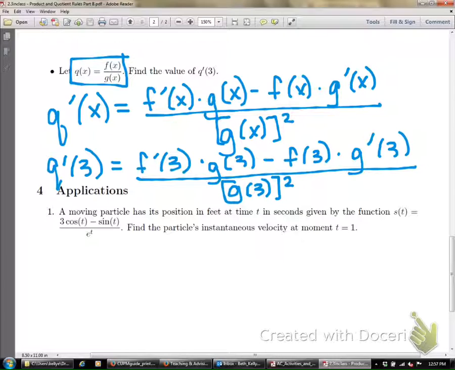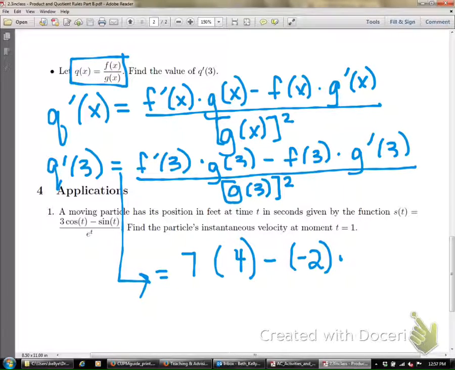And so we input the values we know. I'm going to write them down here at the bottom because I will erase it before I do the applications problem. So f prime of 3 is 7, just like before, and g of 3 is 4, minus f of 3 is negative 2, and g prime of 3 is negative 1, all over g of 3 is 4, so I get 4 squared.